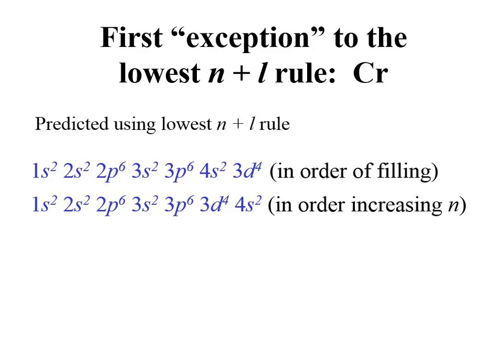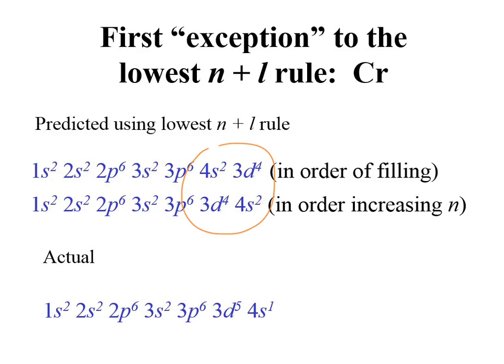That's how you would answer it on a test, but this is really what chromium does. Let's look at how this is different from what we would expect. Focus on the electrons in the last two orbitals, the 3d4 and the 4s2, 6 electrons.